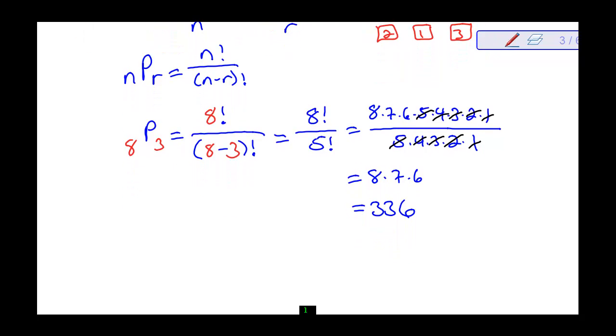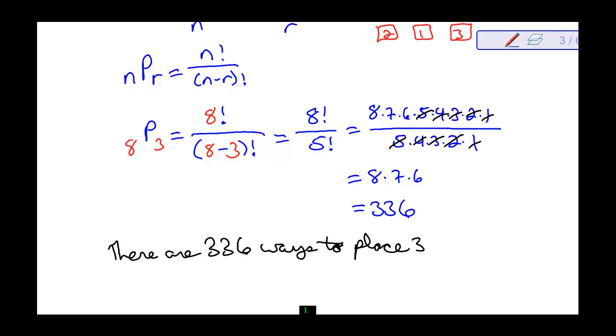So to answer my question, there are 336 ways to place 3 photos on your wall out of the 8.